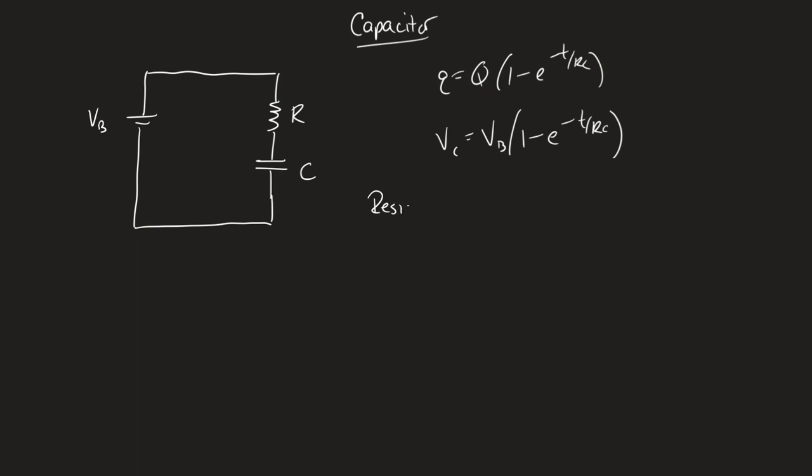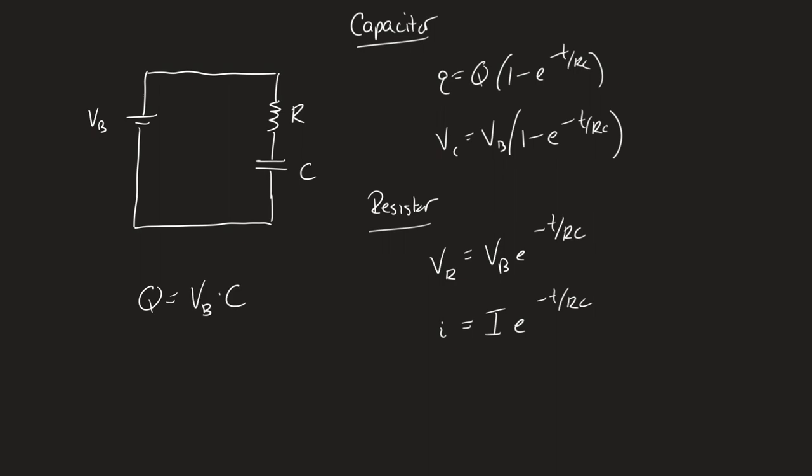Resistor: V over the resistor equals V of the battery, e to the minus t over RC. And current through the resistor, I max e to the minus t over RC. And in all cases, Q max is VB times C, and I max is VB over R. That's everything in one place.